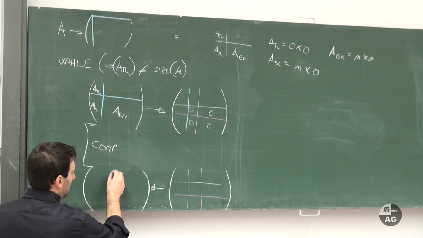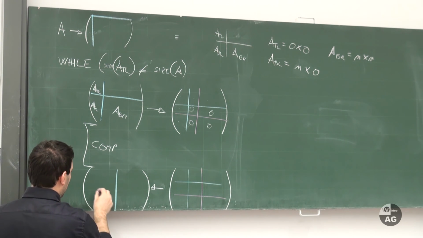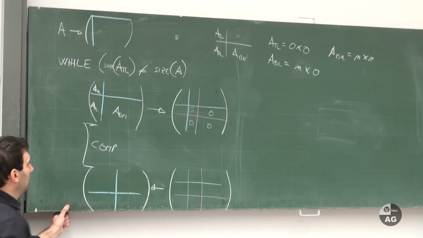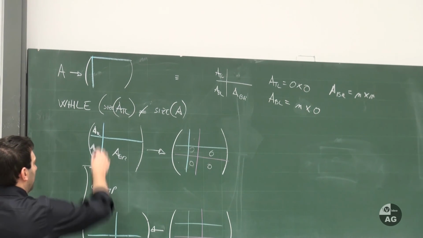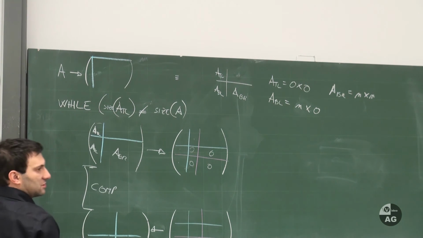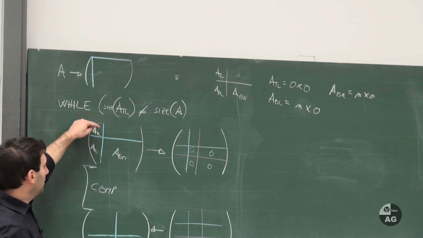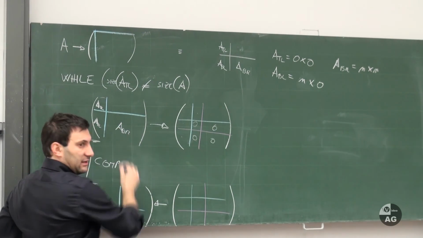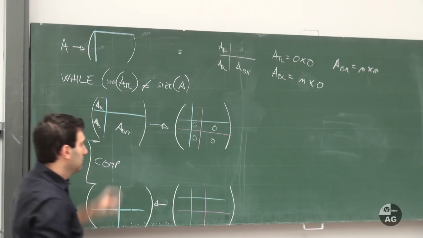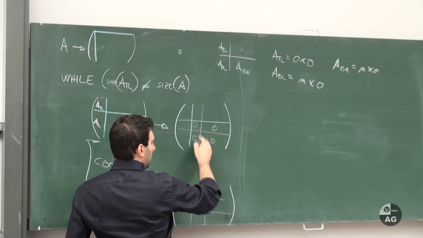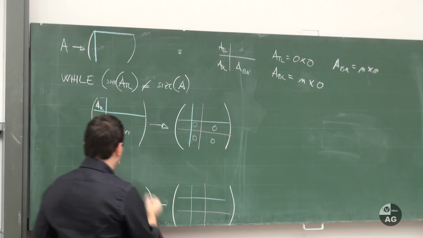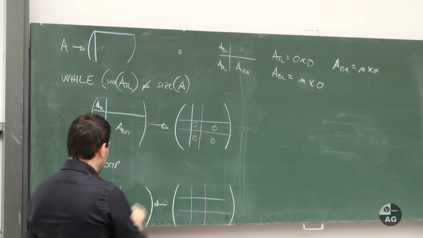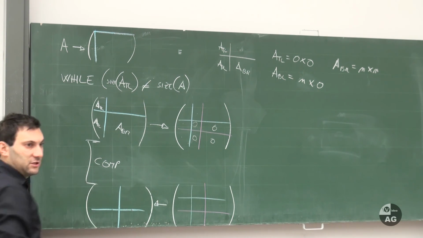And now my matrix has grown. So I started with A top left, which was some size. At the very beginning, this will be empty. My A bottom right at the very beginning will be the whole matrix. Then I partition it in 4 pieces. I do some computation, and then I move the pieces onto A top left so that it's growing.